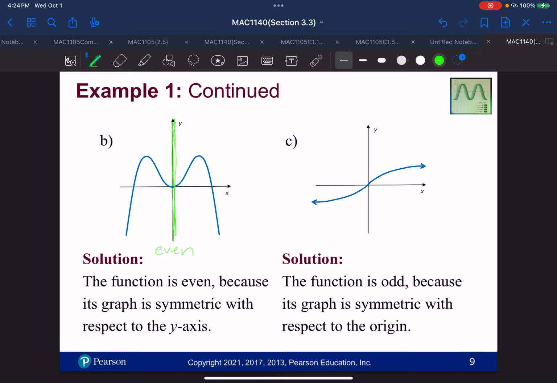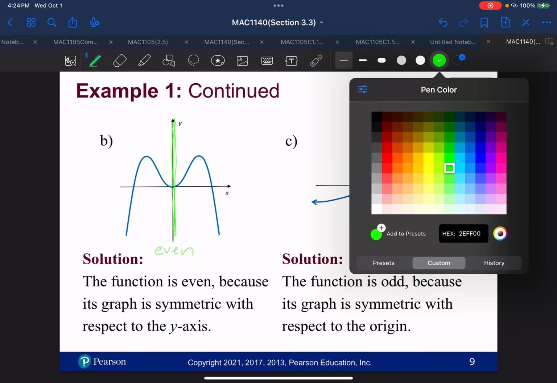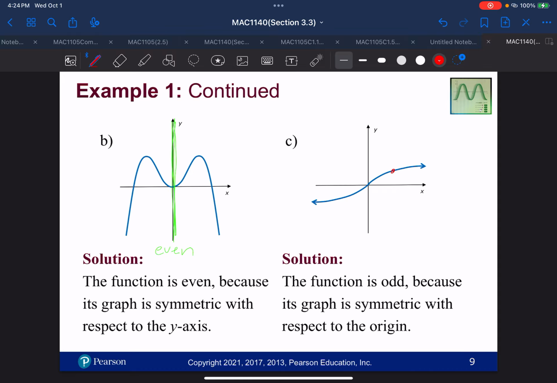And then the other example, C, this function is symmetric with respect to the origin. You can kind of visually tell, like if I pick a point here and then I try to pick a point here across from the origin, then this x value, let's call it x1, would be the x value of that point, and then the y value would be f of x1.